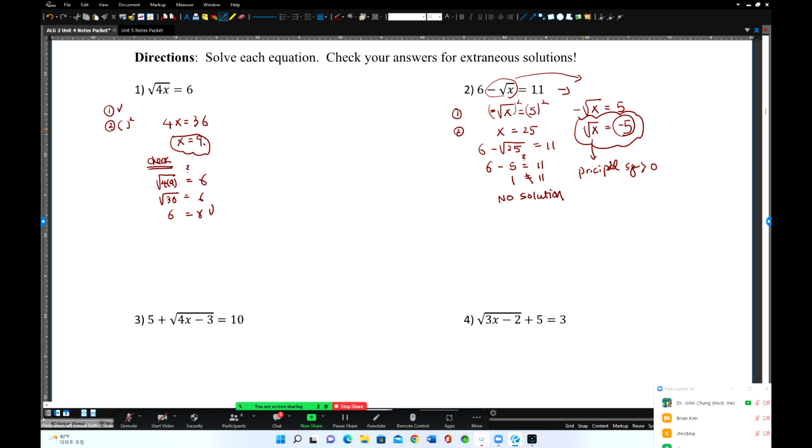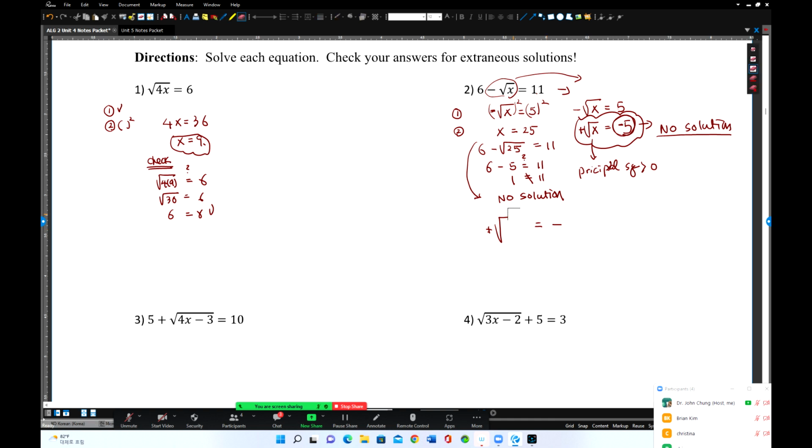Okay, when you have a positive square root x equal to a negative number, you don't have to solve it, just accept no solutions. So we don't need to solve it this way. Just square root x is a negative number, no solution. Because the principal square root is positive, it cannot equal a negative.